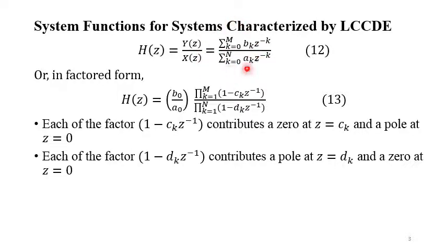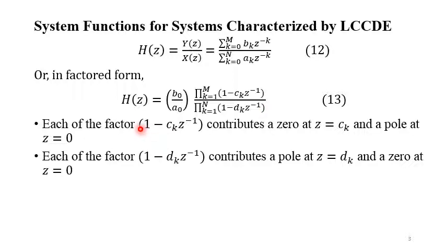I think this type of problem you have already done. This can also be written in the factored form. So we can write it as b naught over a naught, product k running from 1 up to M of 1 minus c_k z inverse, over product k running from 1 up to N of 1 minus d_k z inverse.